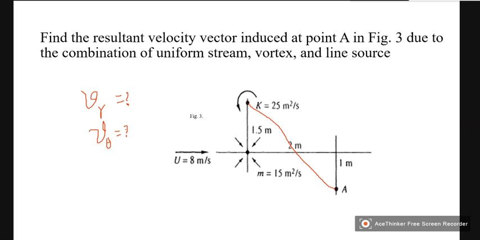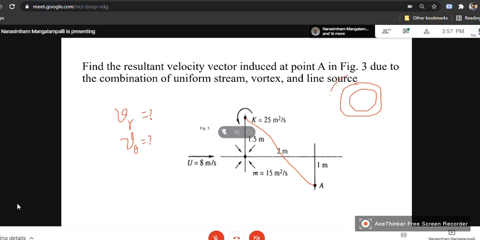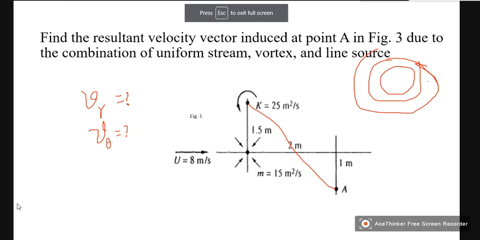You don't remember. Vortex means the flow will be in a circular path. So what will be the direction of flow? Circle.